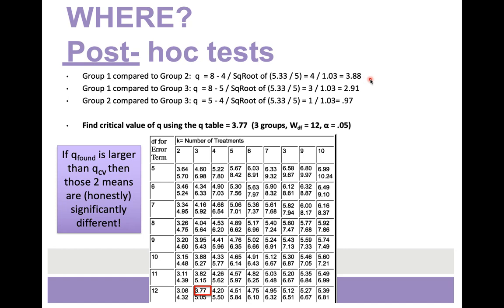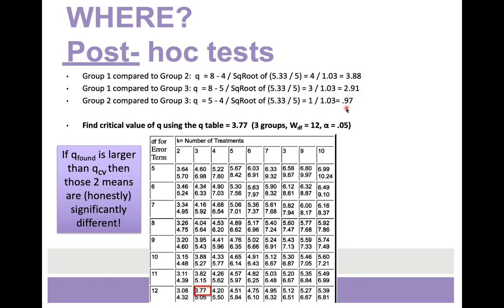And so we find that only the first post hoc test is significant, right? 3.88 is the only one that's greater than our critical value. So our ANOVA was significant, and then our post hoc tests tell us that the difference that is actually significant is between group 1 and group 2. That's the only Q that's larger than our critical value.